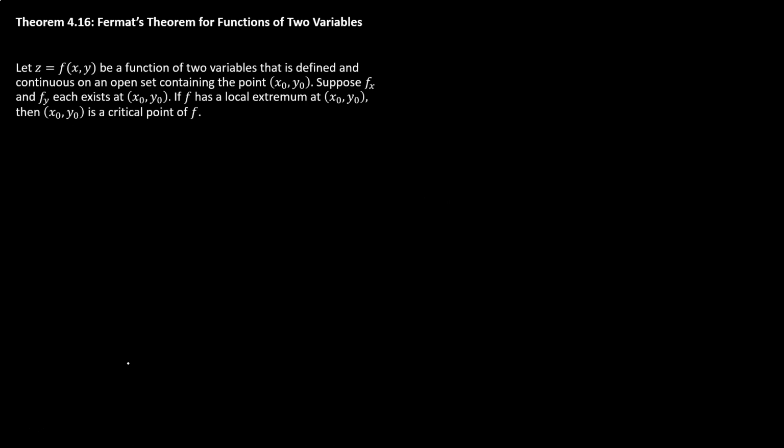One of the theorems presented in this section is Fermat's theorem for functions of two variables. It basically says if you have a function z that takes in an x and a y, and it's defined on an open set, and there is a local extremum, like a max or a min at this point x0, y0, then that point has to be a critical point.